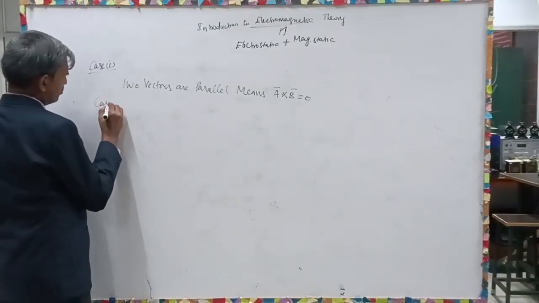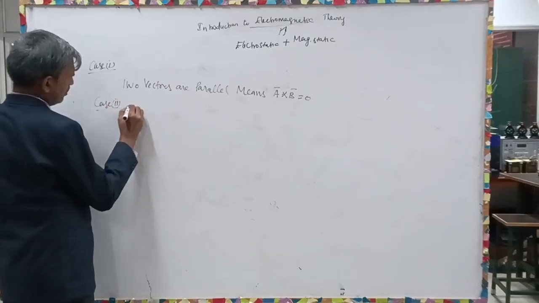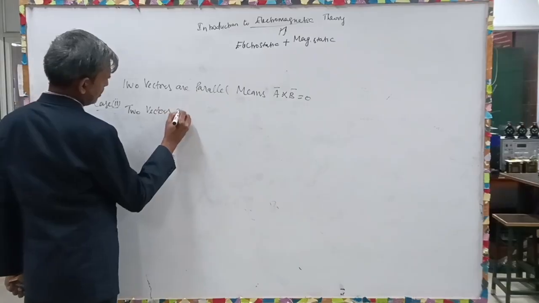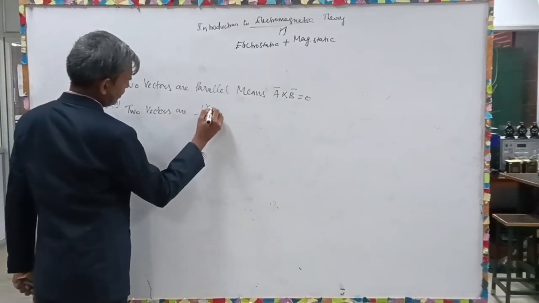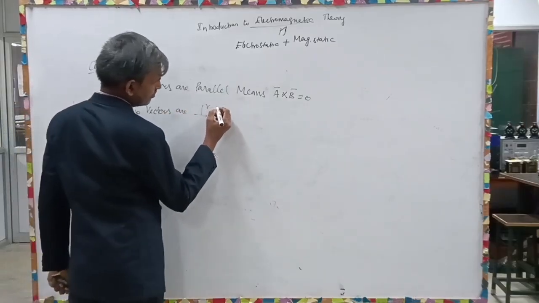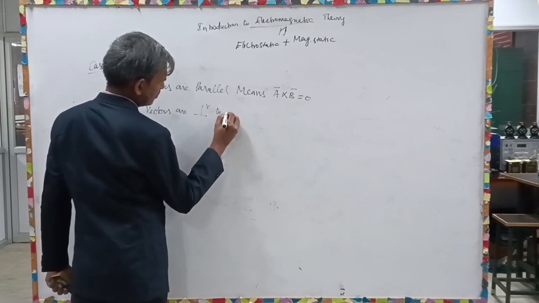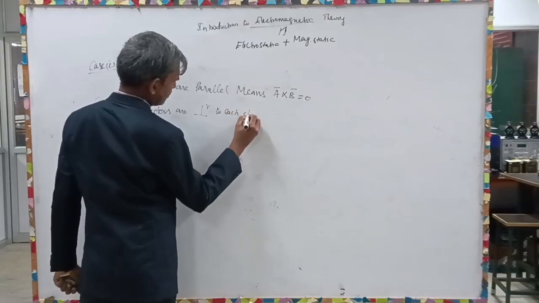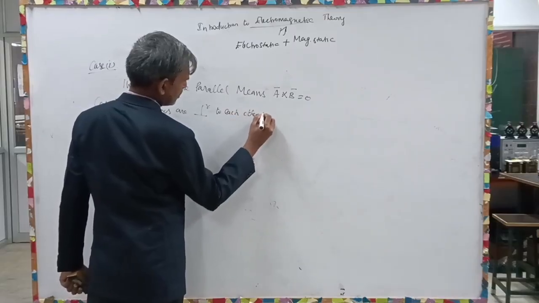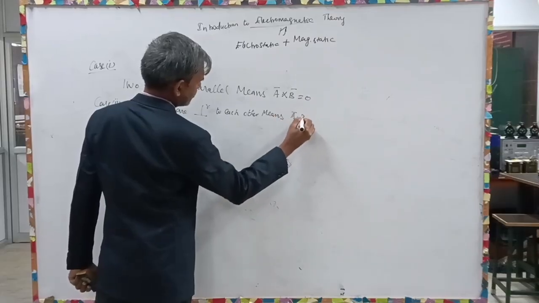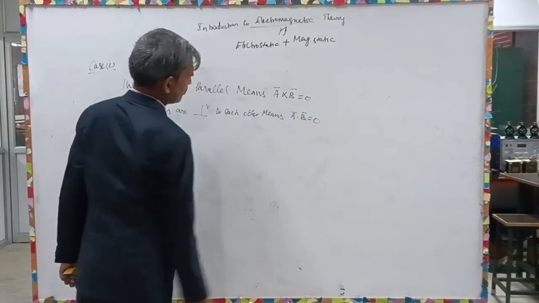Case number 2, two vectors are perpendicular to each other means A dot B is equal to 0.